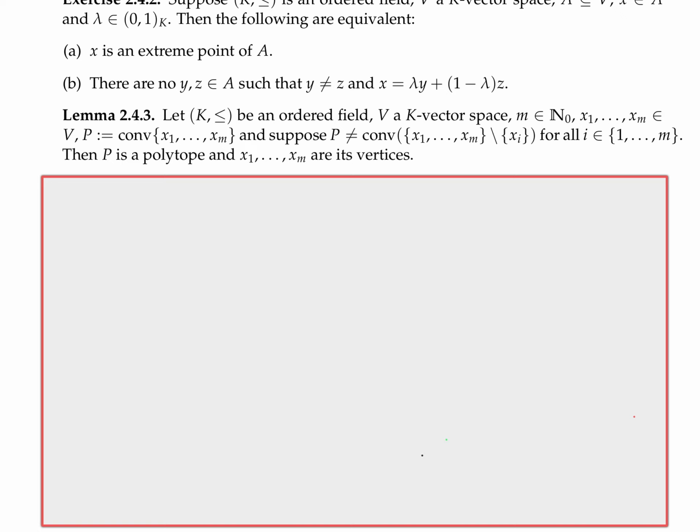Yeah, so, I think the intuition is clear, right? So, you have these finitely many points. And they are in such a way that if I take out, so the convex hull would be now, of course, this, right?